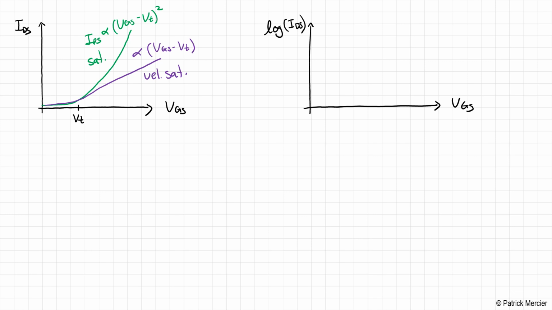And an exponential in a log domain plot, as we know, is a straight line. So it'll look something like this until we hit the threshold voltage, VT, at which point it starts to taper off in our exponential form here. Okay, so this is a straight line in a log domain plot.